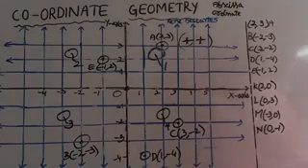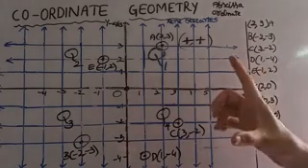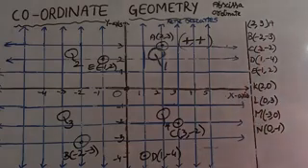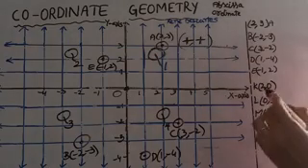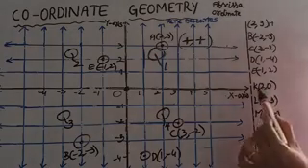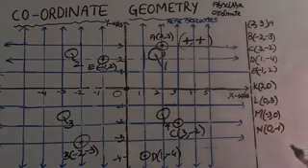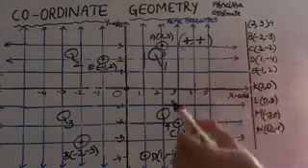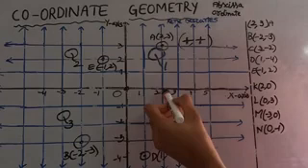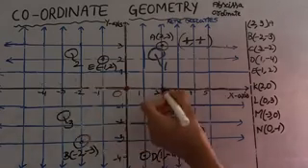What do you observe in all these points? Either the abscissa or the ordinate is 0. Here we observe K (2, 0). What is the abscissa here? 2. The ordinate is 0. The abscissa 2 means this is 2, and the ordinate 0 means this is the point only.